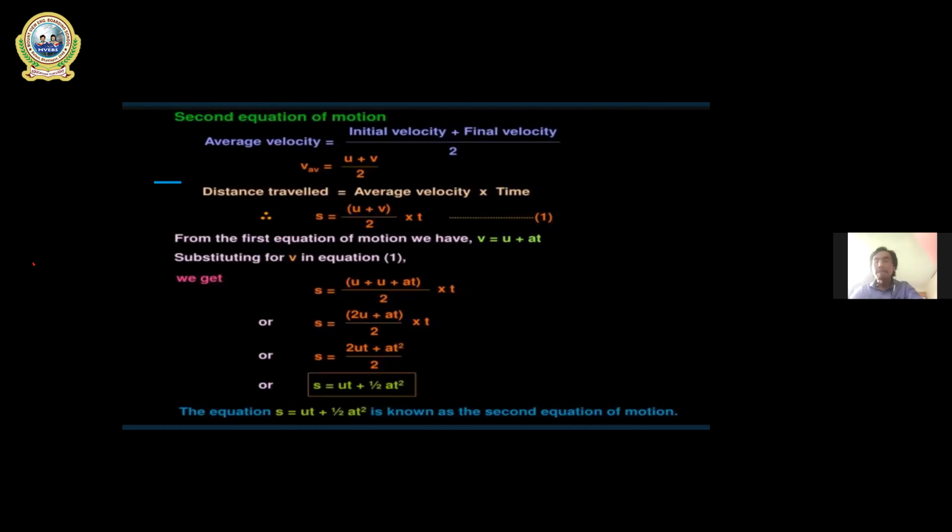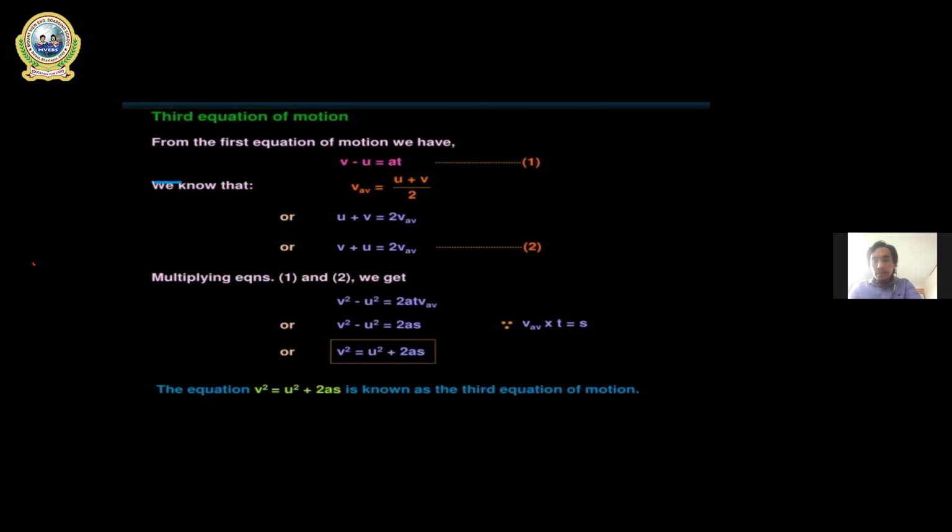The third equation is this one: v square is equal to u square plus 2as. So we are going to derive the third equation of motion, v square equal to u square plus 2as.